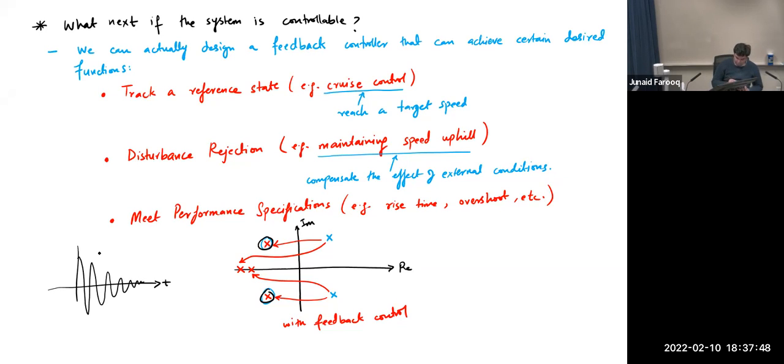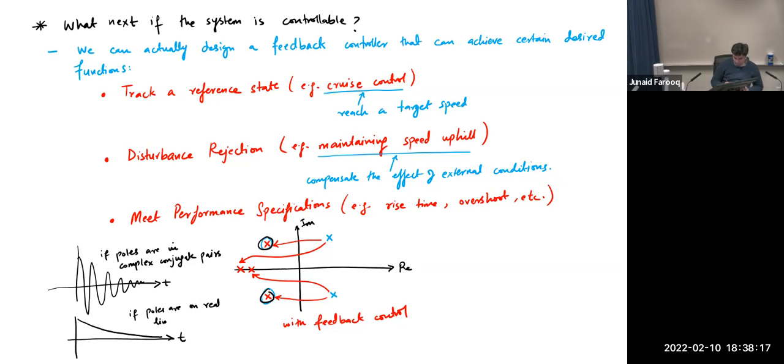But if poles are complex conjugates, the response looks different. And remember, if the poles are on the real line, then you will have a response like this. So those are the three possible objectives of a feedback controller.